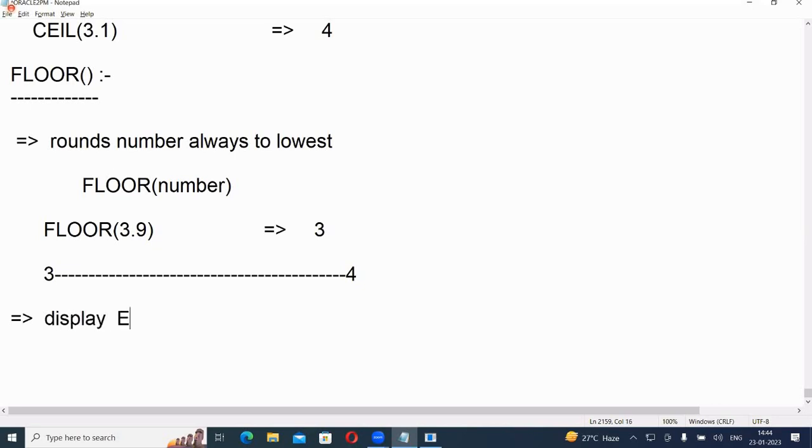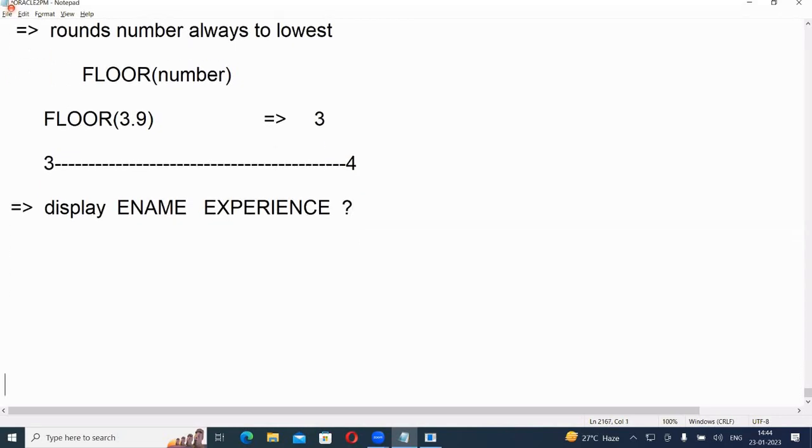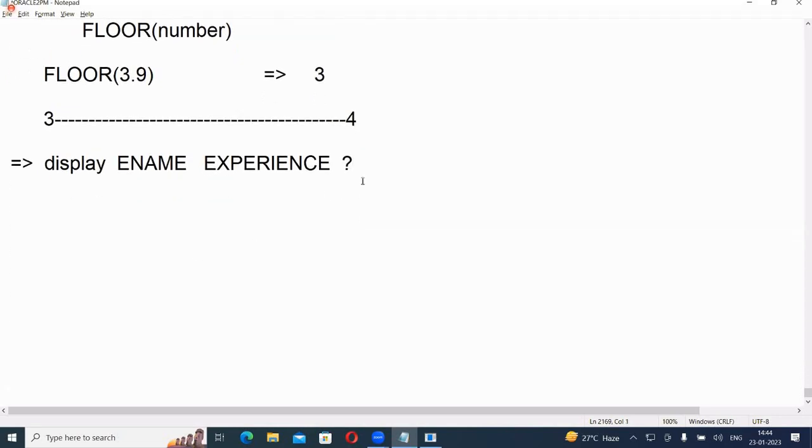So, for example, just one second. Display employee name and experience. I want to show the employee name and experience, and what is being asked is to round the experience to the lowest integer. Experience in years.